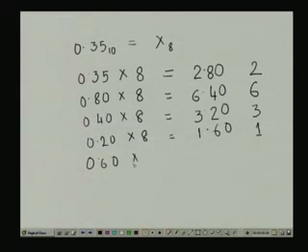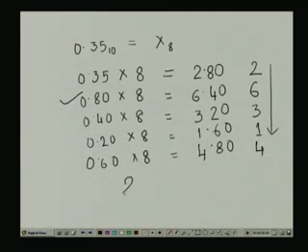Again, if I take 0.60 and multiply, see, again 0.80 has come back. That means from here it will be a repetition. So, if I take it in the same direction, it will be 0.26314, and then 6314 should be repeated.